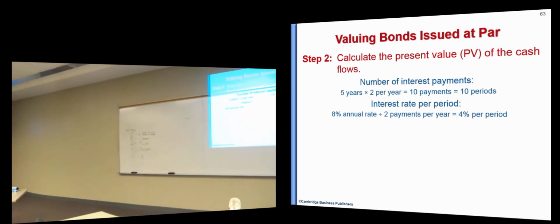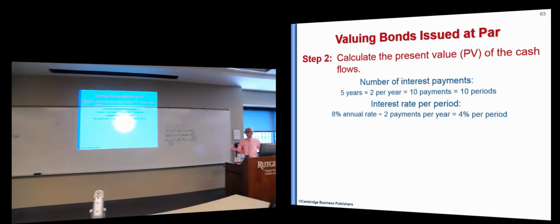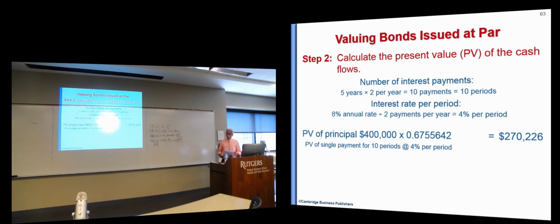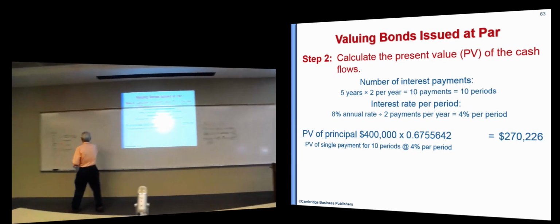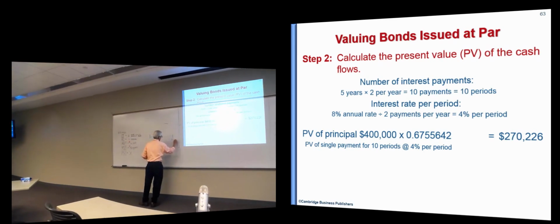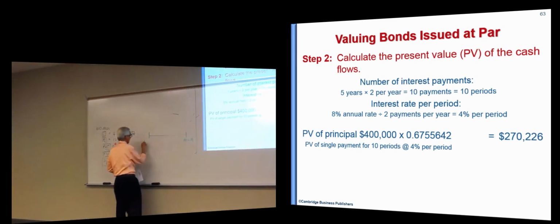In this case, I could do this either with the tables or with the calculator. If I do it with the table, I know that this is the present value of an amount. So if we map this out, 10 is equal to n.